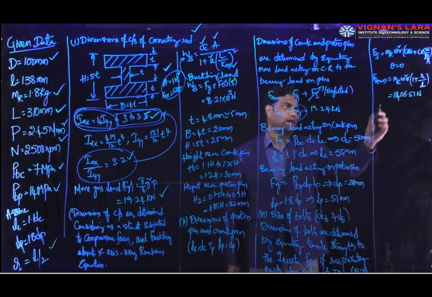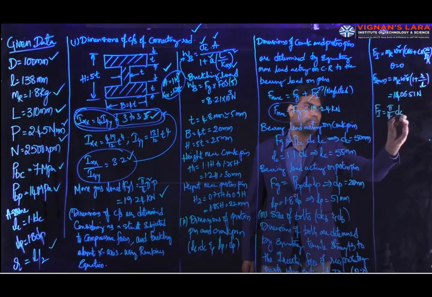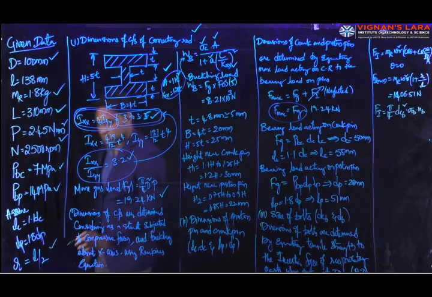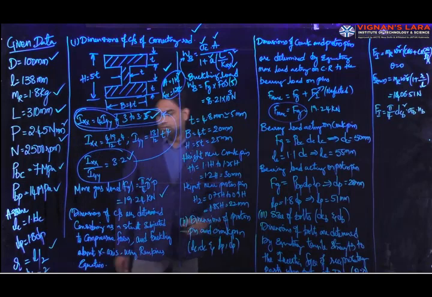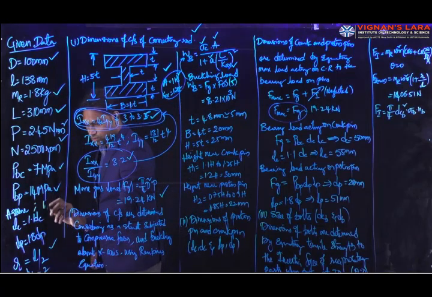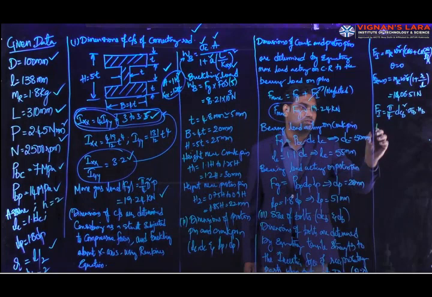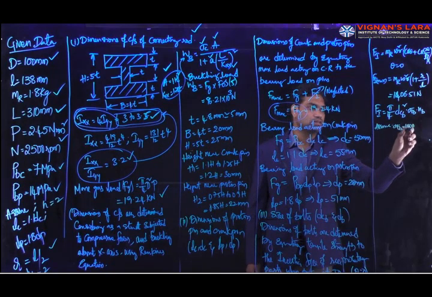So you can calculate the maximum inertia force, and that will be equated to the tensile strength of bolts, that is pi by 4 dCb square into sigma tb into nb. Usually the number of bolts is taken as 2, and the tensile strength of bolts is not given in the data, so here I can assume sigma tb as 100 megapascal.